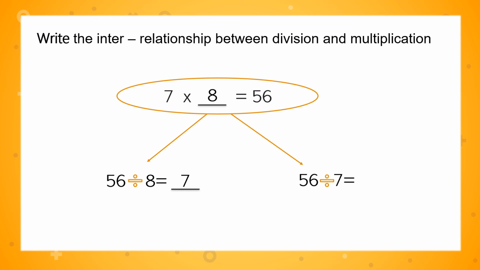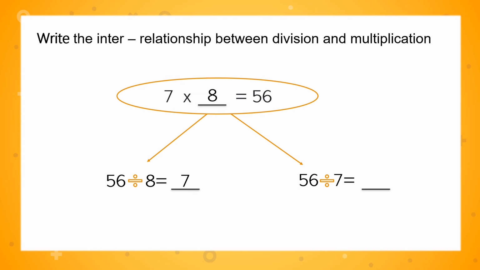Same way, 56 divided by 7 is equal to dash. So here we will say the 7 times table till we get the answer 56.